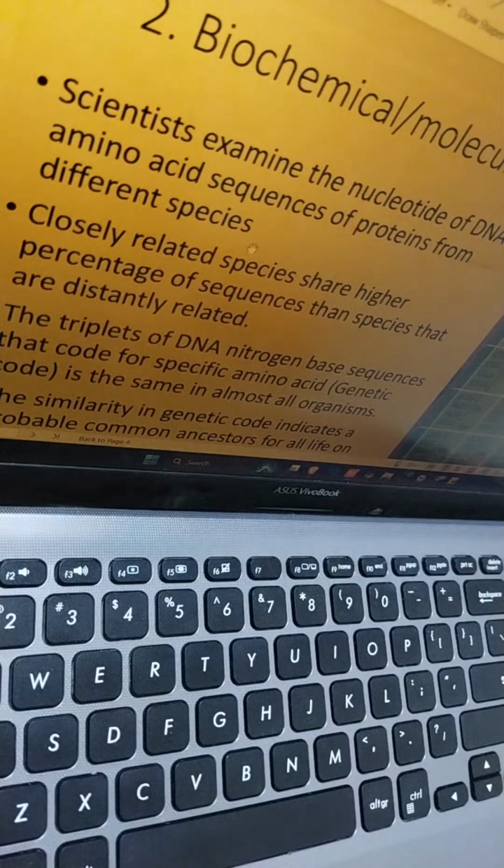Closely related species share a higher percentage of sequences than species that are distantly related.